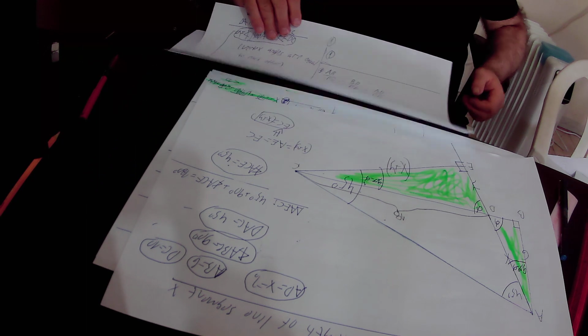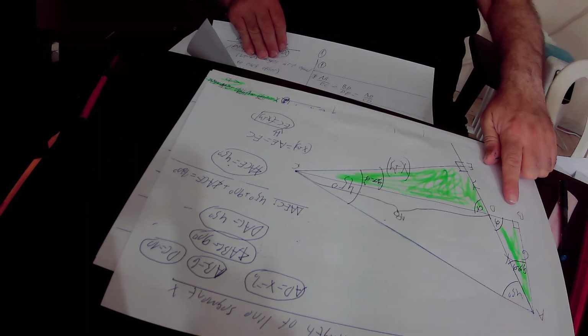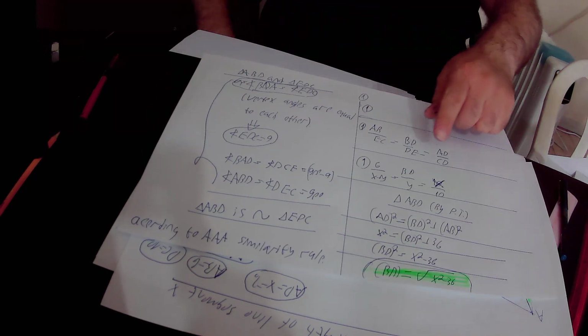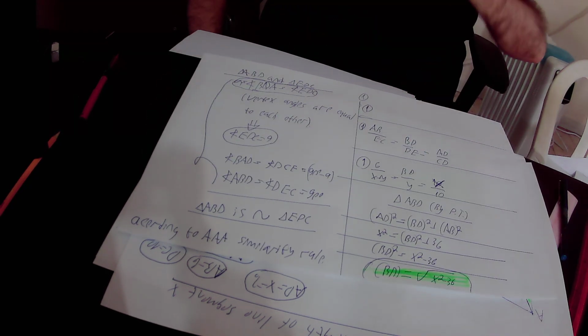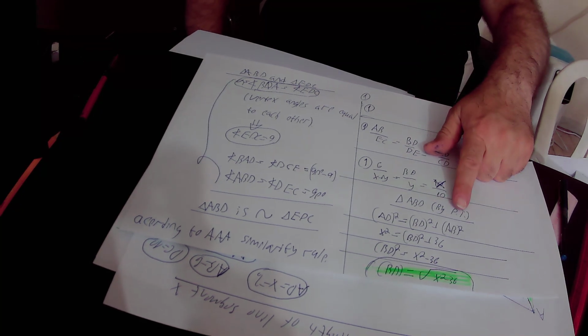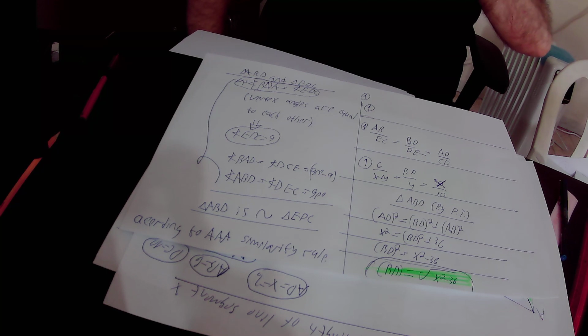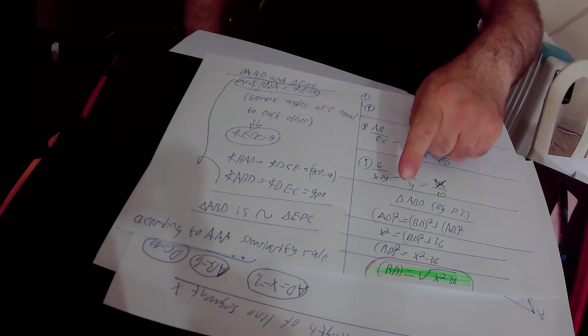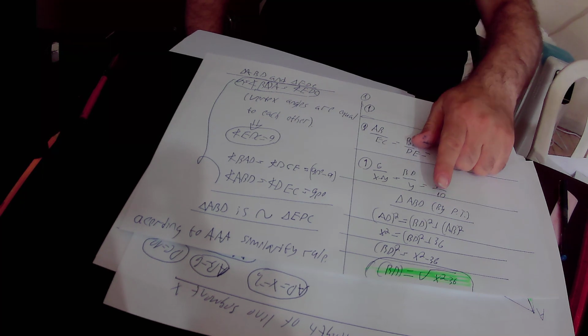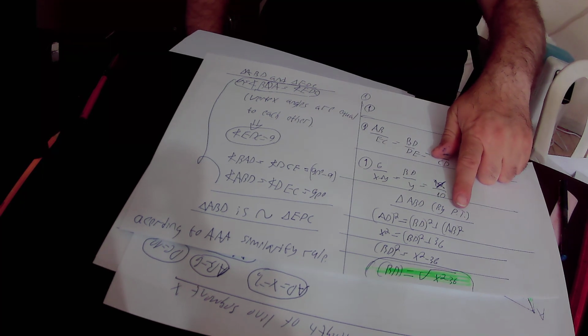Then we found the value of BD by implementing the Pythagorean theorem on the right triangle, triangle ABD. When we do the Pythagorean theorem, we get that the square of the hypotenuse equals the sum of the squares of the perpendicular sides, that is to say, AD squared equals BD squared plus AB squared. AD is x, so AD squared is x squared, BD is the missing line segment, plus AB is 6, so AB squared is 6 squared, that is 36.